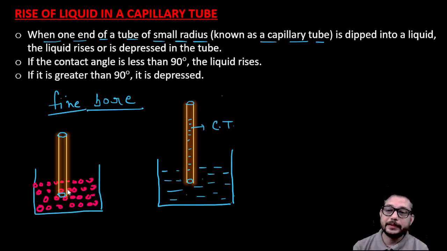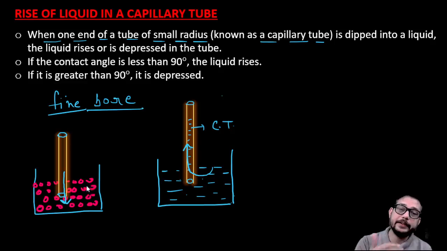Now you will see that the mercury moves in the downward direction. It means that in case of water, the water rises up in the capillary tube, whereas in case of mercury it goes in the downward direction, or we can say it is depressed inside the capillary.